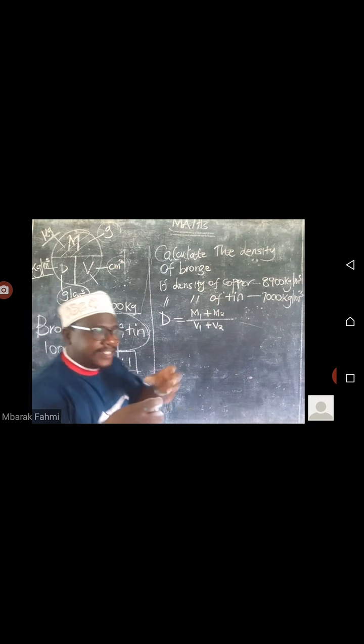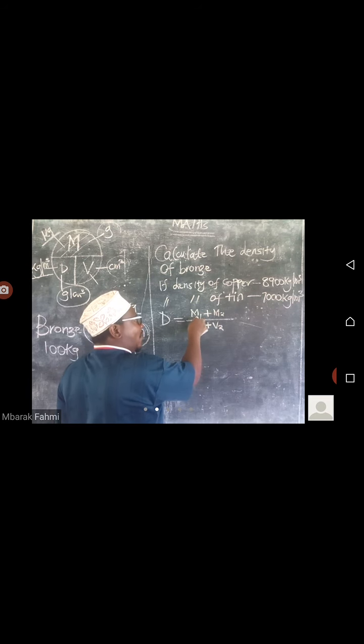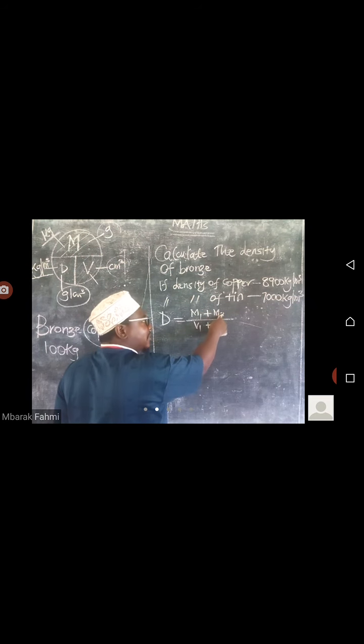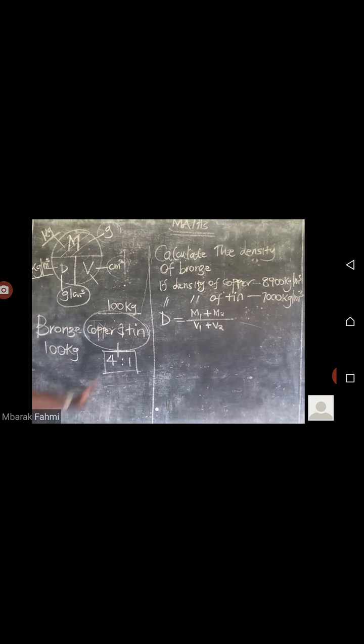To get the density of the mixture, we need the mass of one plus the mass of the other. Like here, we need the mass of copper and then add it to the mass of tin. Of course, here the total mass is 100 already, so there's no need of calculating again.